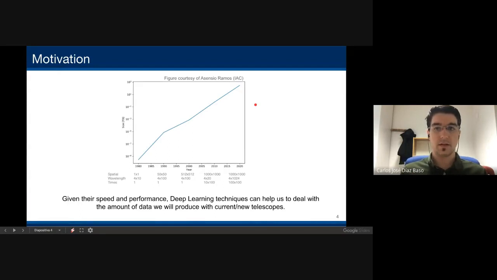So at least in my opinion, one of the motivations is that given the speed and the performance of these deep learning techniques, they can help us to deal with the amount of data that we are already producing or we will produce with new telescopes.